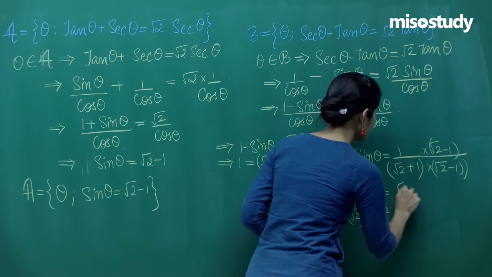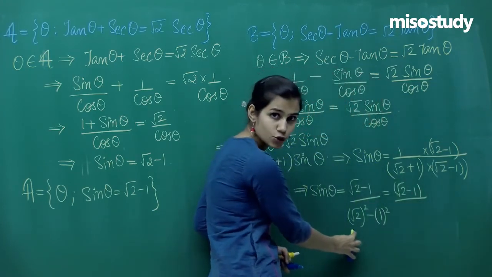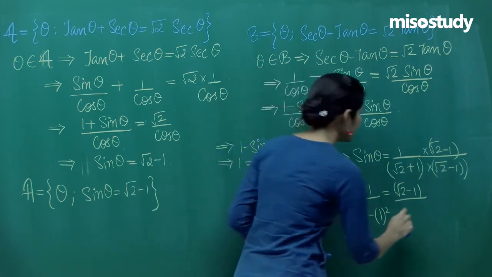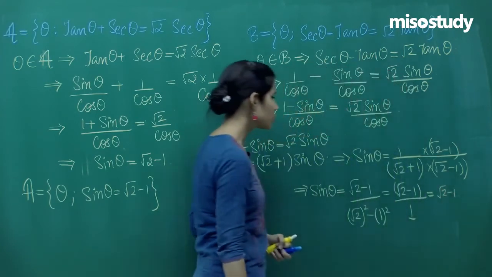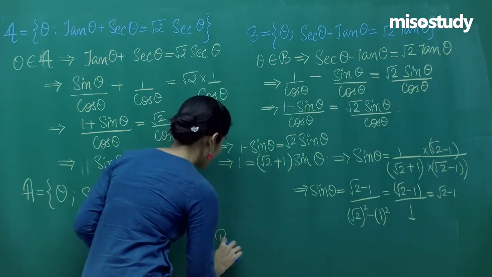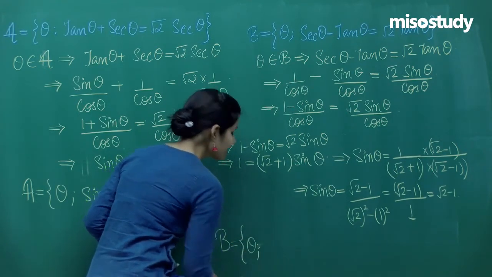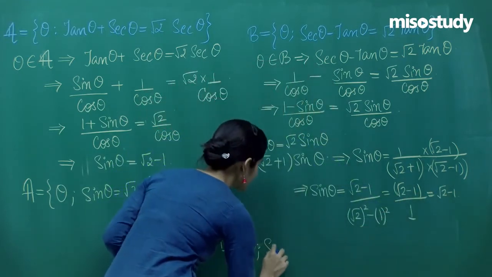That is root 2 minus 1 upon 2 minus 1, which is again 1, so you get root 2 minus 1. And therefore set B is again all those thetas such that sine theta is root 2 minus 1.